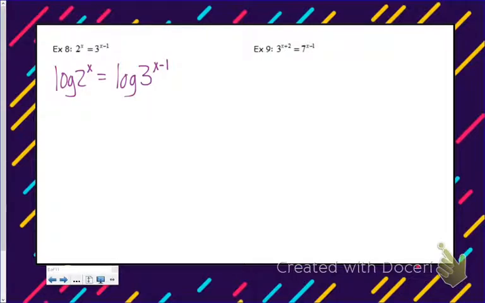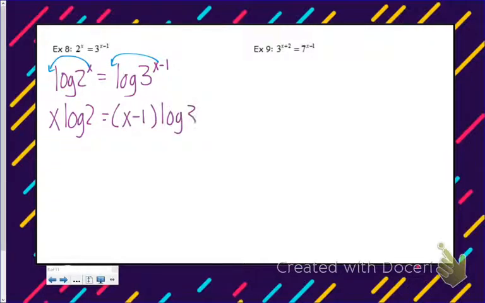Now, using our properties, we know that if I'm raising an argument to an exponent, I can take that exponent and move it to the front. So this becomes x times log 2, and then this is going to be x minus 1 times log 3. Now just remember, that whole exponent is being multiplied, so we need to make sure we keep it in parentheses.